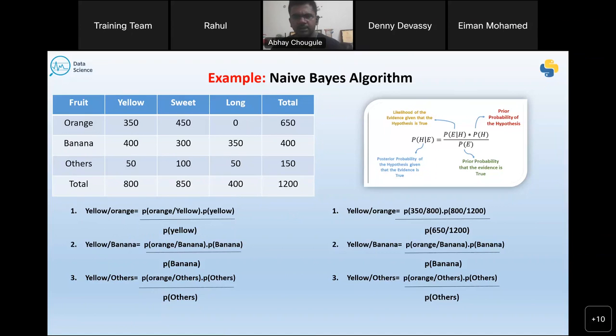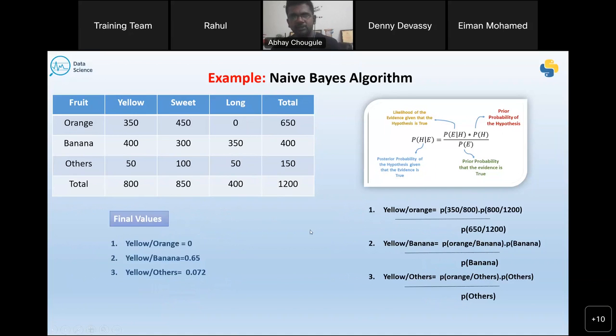Has anyone checked this process? No, no, no. Actually, Dennis sir, I got your point. If you calculate yellow orange, sweet orange, and long orange, then you will get an answer of 0.